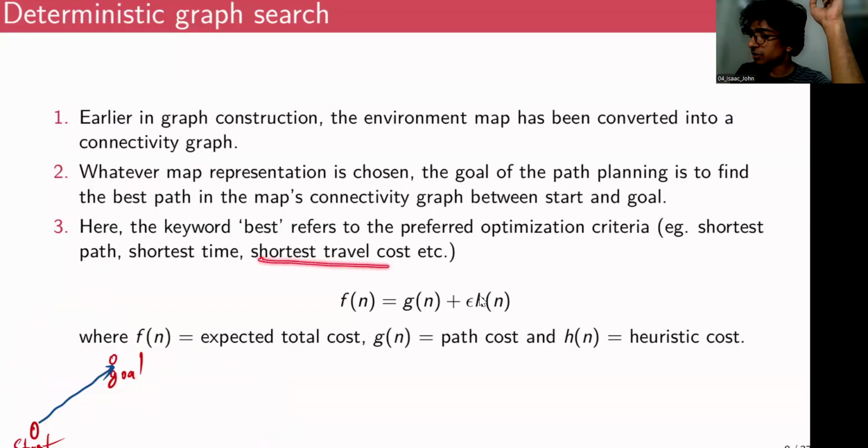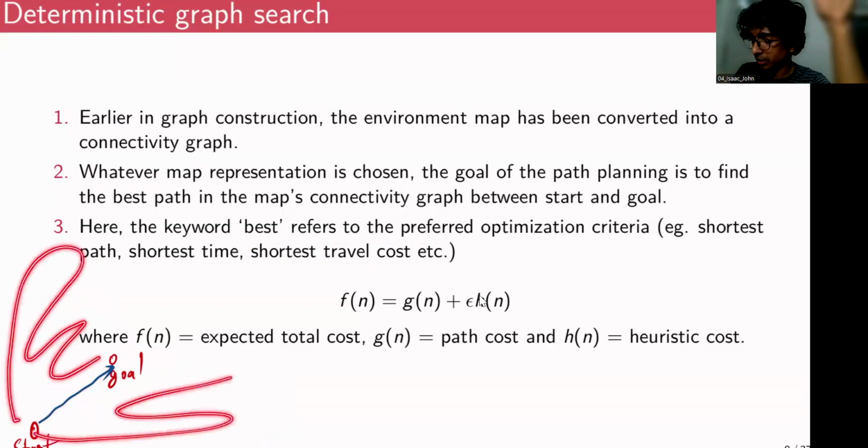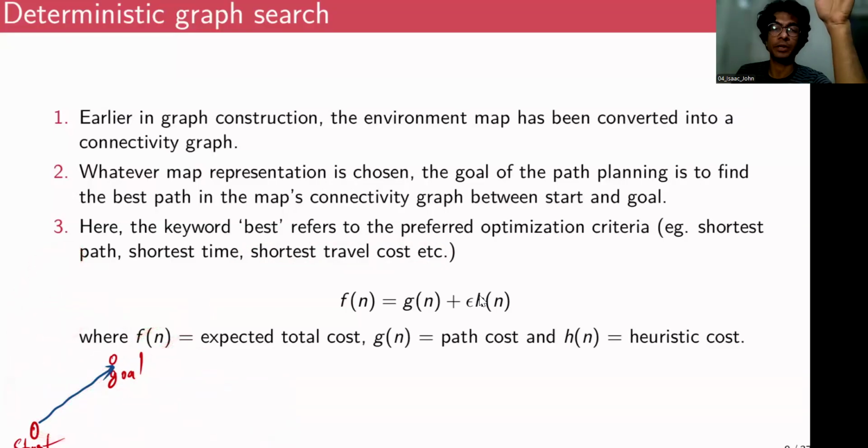Or you could also say the shortest travel cost. Travel cost could be in terms of energy, right? You could spend the least amount of energy if you are going in a straight line, than going in a twisted curve sort of way. But that is necessarily not always the case.